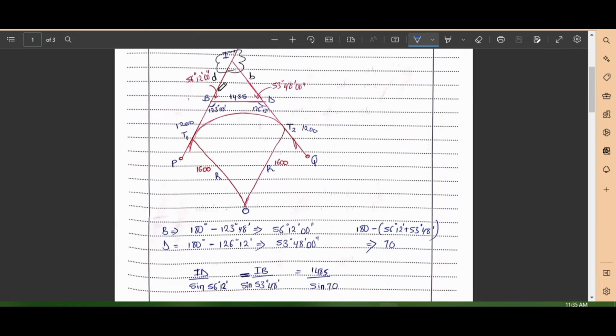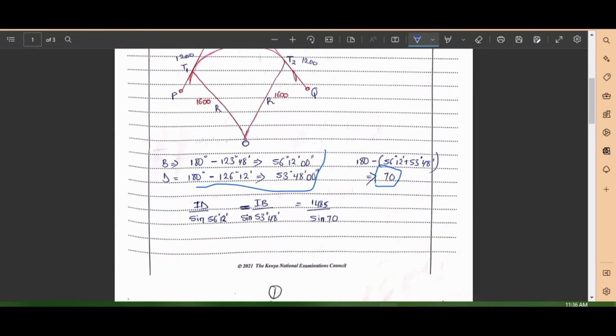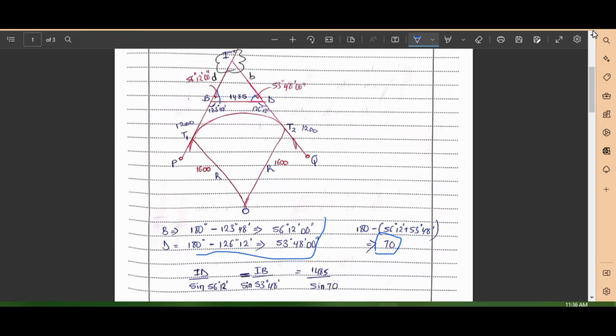Having subtracted from 180, you get the internal angles of the triangle, the angle at B and the angle at D. Having done that, in order for us to find the angle of intersection here, we subtract the summation of those two angles from 180, and our intersection angle becomes 70 degrees.